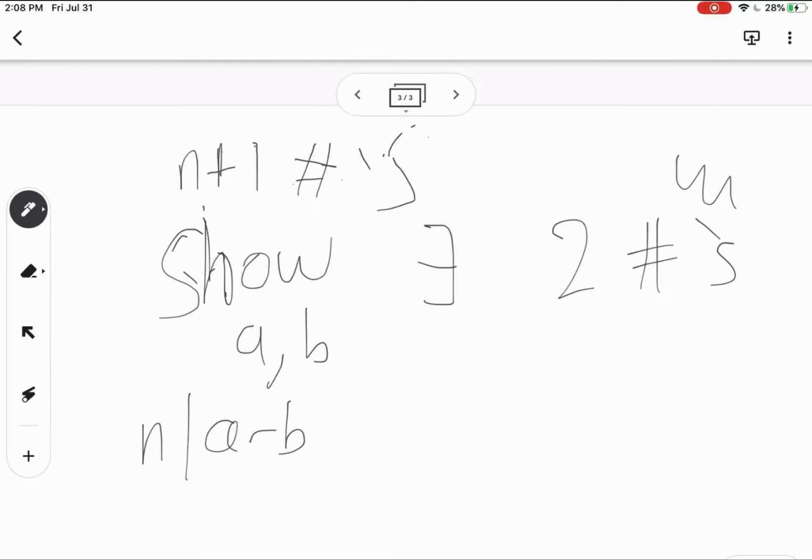The idea is basically you want to find two numbers a and b that have the same remainder when you divide by n, right? So let's say a has a remainder of r, so a equals a prime times n plus r, and b equals b prime times n plus r. Since we have n plus 1 numbers, by pigeonhole there must be two numbers with the same remainder r, right?